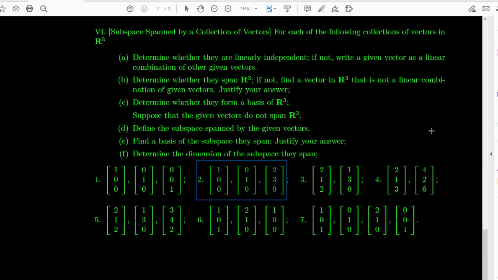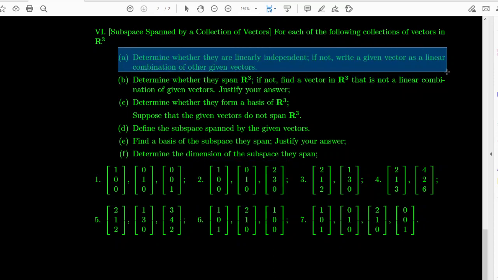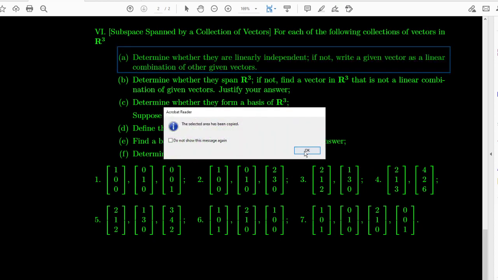But we're going to answer all the questions. Try to remember question A. In question A, we're trying to determine if the given vectors are linearly dependent or independent. If they are linearly dependent, I want you to write one vector as a linear combination of other vectors. So maybe I will just copy question A to this PowerPoint.